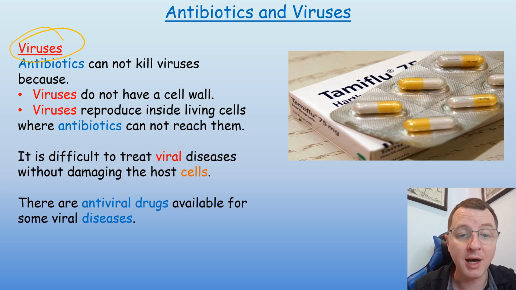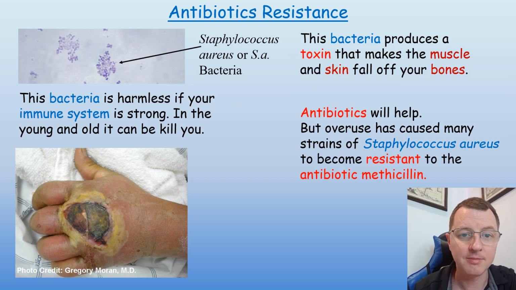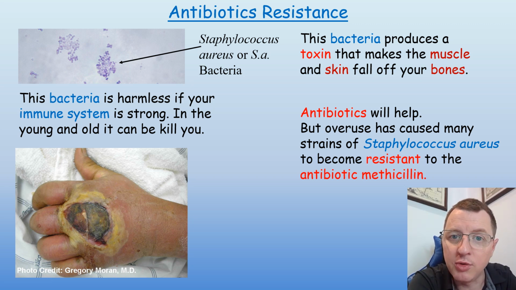There are some antiviral drugs available, for example Tamiflu here, which can treat things like bird flu and swine flu, but they're not widely available for the majority of viral diseases.